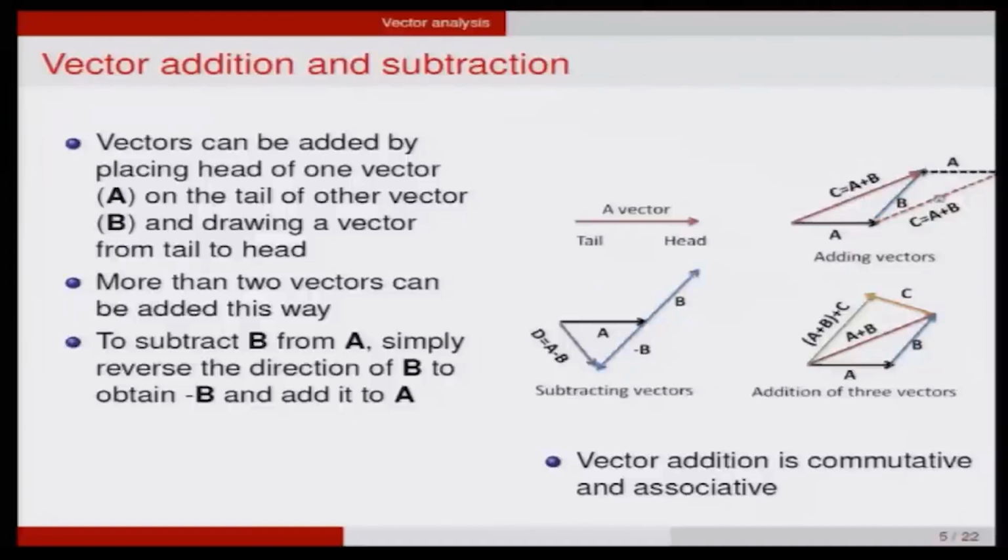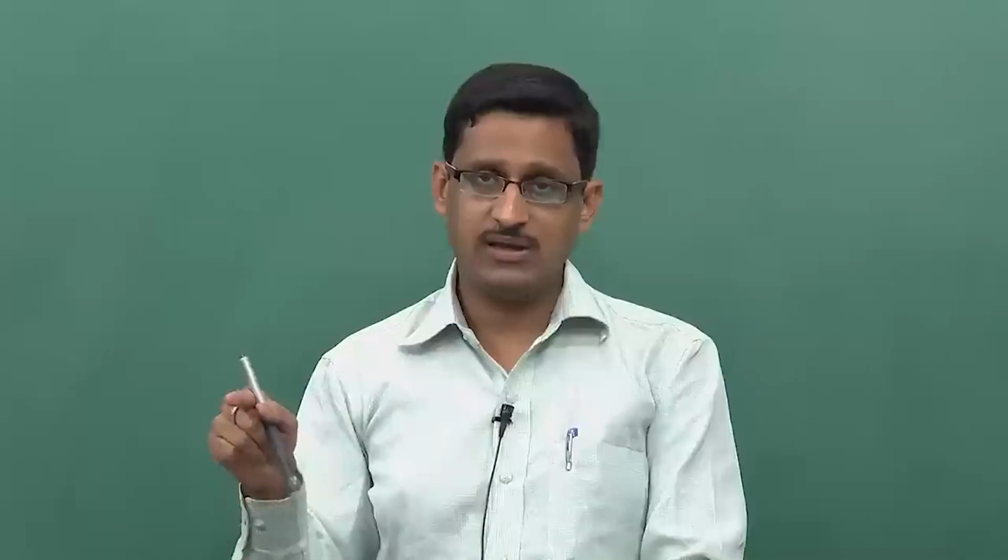To show that vector addition is associative, that is, whether you start with A plus B plus C, if this is the sum of the vectors that you want, you can first find the resultant of A and B and then find the resultant of A plus B and the C vector.